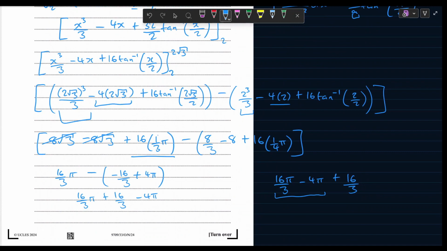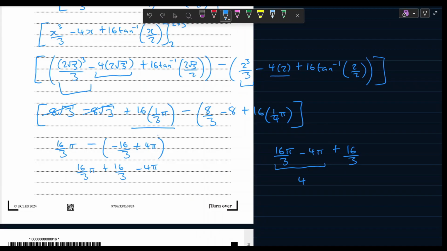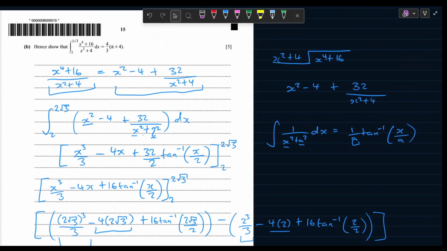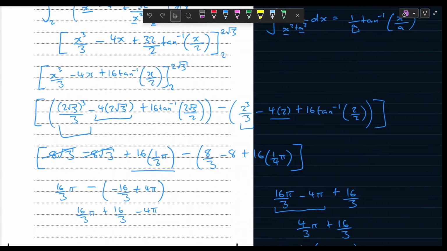That's 16 over 3 minus 4. That's going to give us 4 thirds pi plus 16 thirds. And then we can factor out 4 thirds. That's going to be pi plus 16 over 3 divided by 4 thirds, that's 4. And this is our final answer, which is exactly what they have.